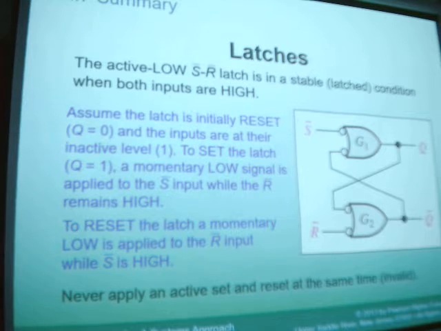Right? It is equal to S and R, right? So when S bar equals 0, R bar equals 0, then the output will be 1, right?